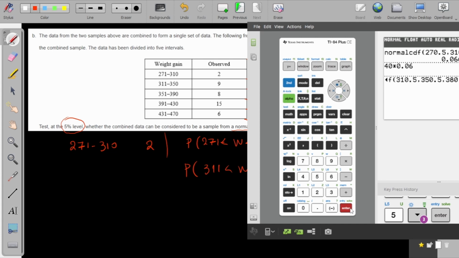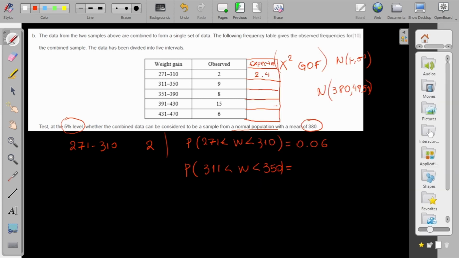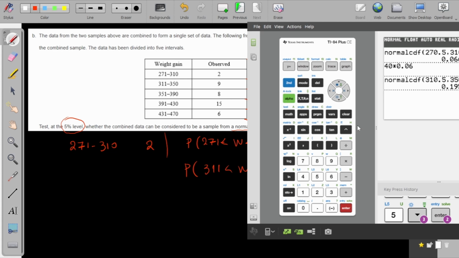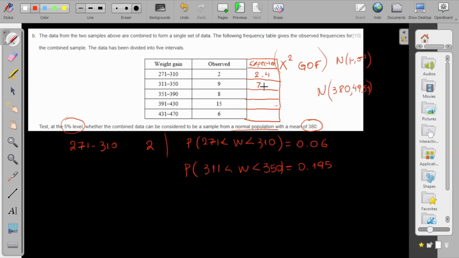Same, 0.195. So how much is the expected? Again, I have to multiply: 0.195 times 40, 7.8.